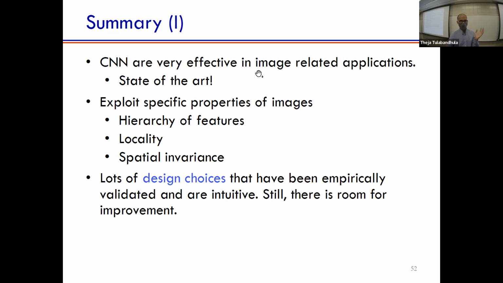So to summarize, we explored specific properties: hierarchy, locality of features at the lower layers, and spatial invariance. There are a lot of design choices that are exploding. As many of you have pointed out, how do we choose stride? How do we choose layers? How do we choose tensor sizes?